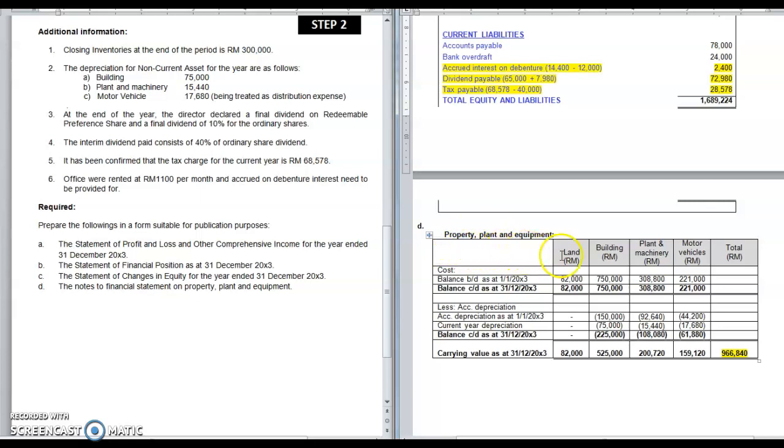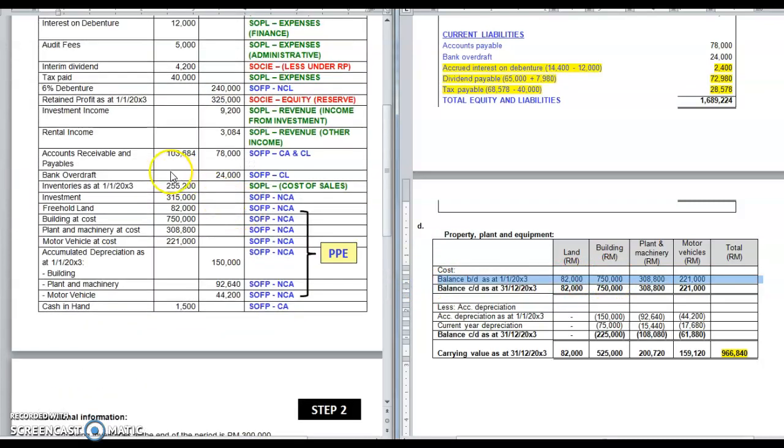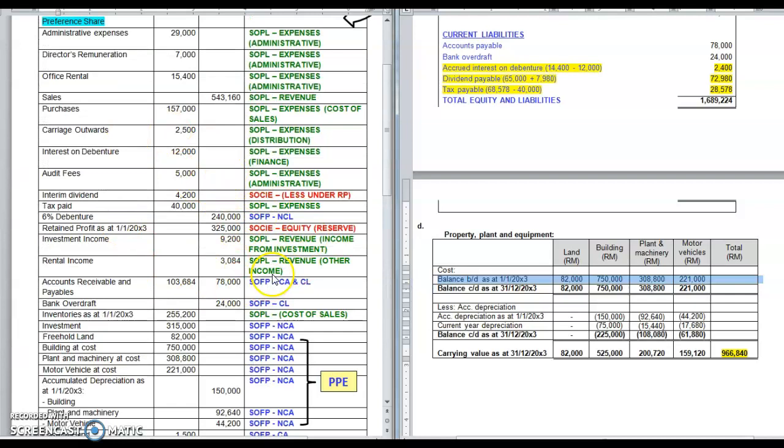Firstly, you draw the table and then you list down column by column the tangible assets, starting from the land, followed by building and the rest of the tangible assets. The first step is to bring down the opening balance of those assets. This opening balance can be derived from the trial balance in the question.